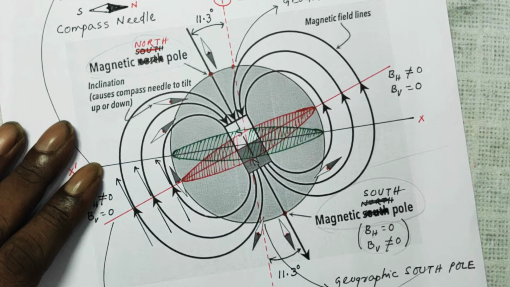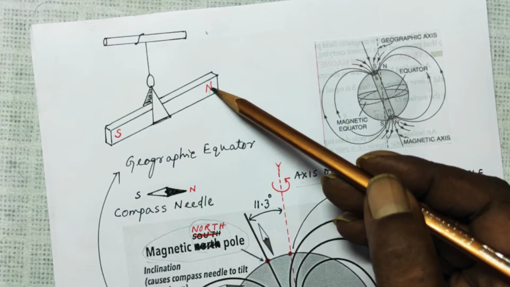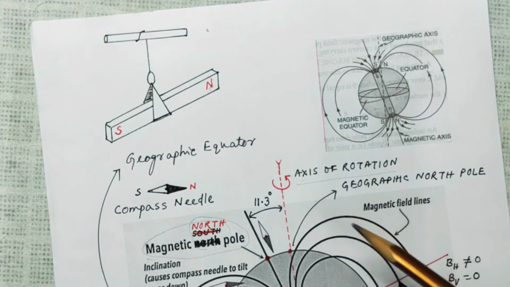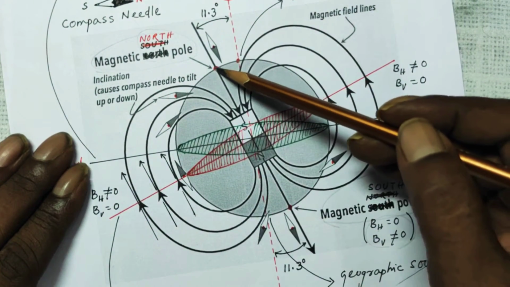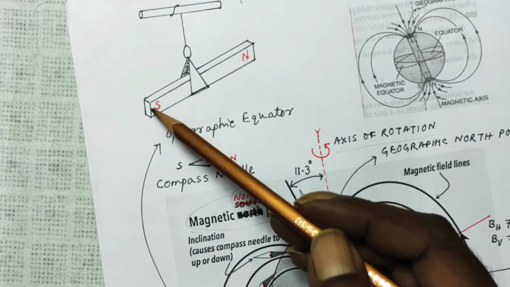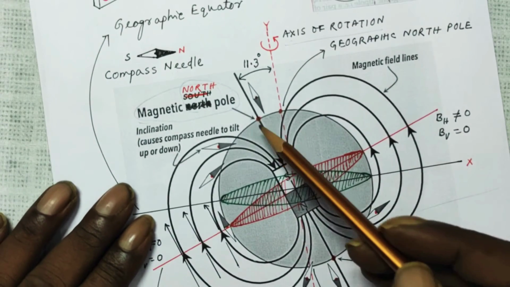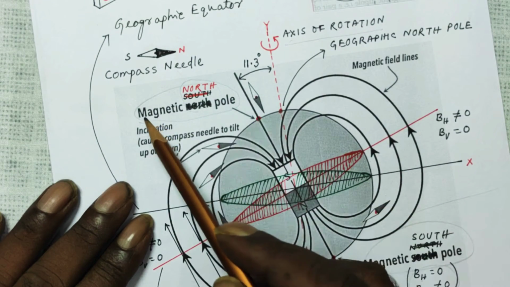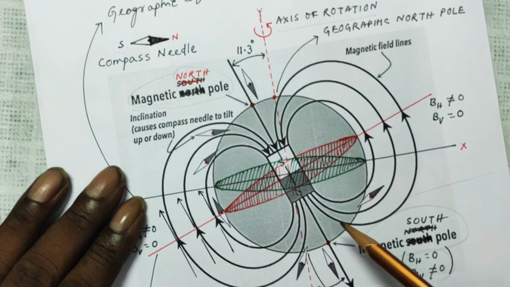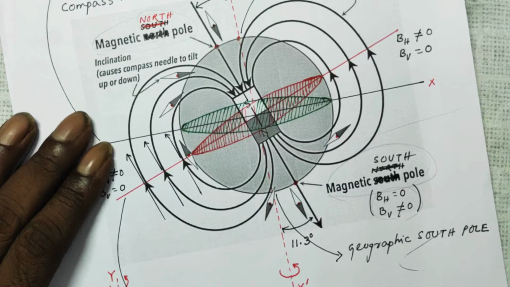Now look. Since the north pole of this freely suspended bar magnet is pointing to this side, and the south pole is pointing to this side, this point is called the magnetic north pole. This point is called the magnetic south pole, right?